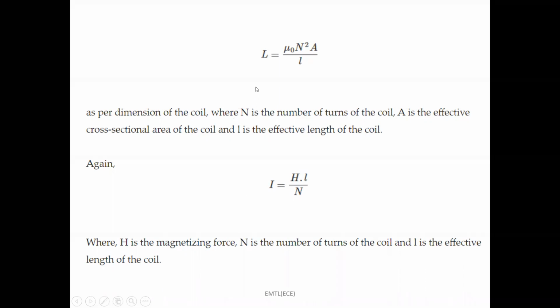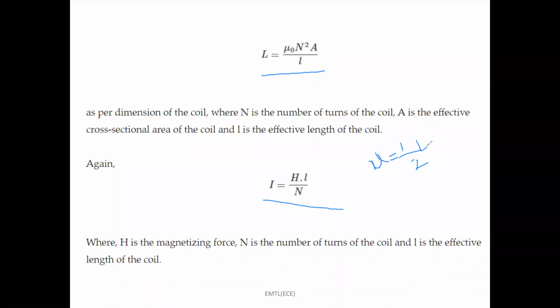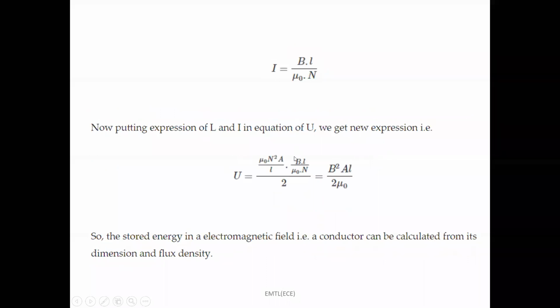Now substitute the value of L and I in the expression, energy U is equal to half L I square. Then, here we also change the H value as H is equal to B by mu naught.